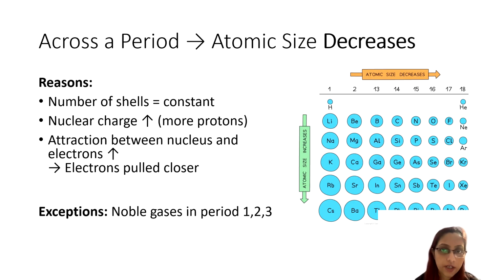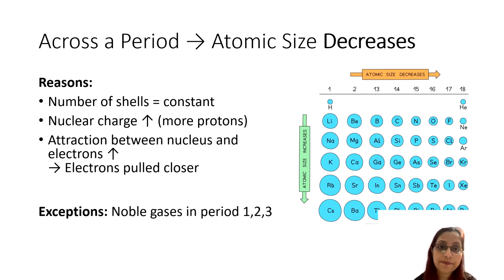So as we move across a period in the periodic table, the atomic size decreases. That is the trend. Let's look at the reasons why it happens. First, the number of electron shells remains constant across a period, but the nuclear charge increases because more protons are added to the nucleus from left to right.